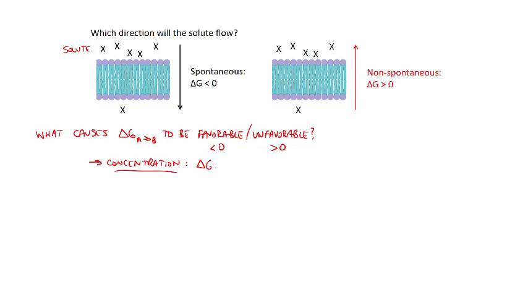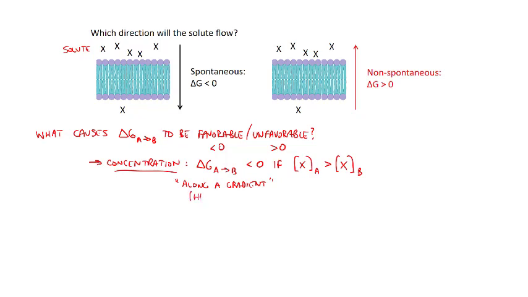So generally speaking, the free energy of moving from side A to side B is favorable if the concentration of X on side A is greater than the concentration of X on side B, right? So in other words, the free energy of moving X from side A to side B is going to be favorable if we move along a gradient, as we say.